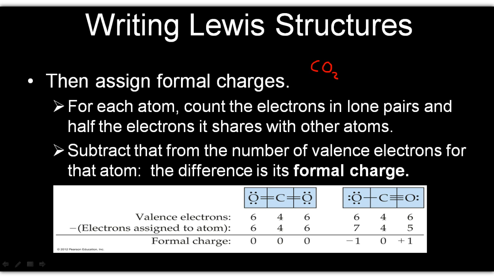So how do you decide which one works? Well, what we'll try to do is minimize the charges. So we look at what's called the formal charge, and we try to have as little charge as possible. The one on the left here, in which we have 0, 0, and 0, is a more favorable arrangement than having a -1, +1. So we'll stick with the one on the left.